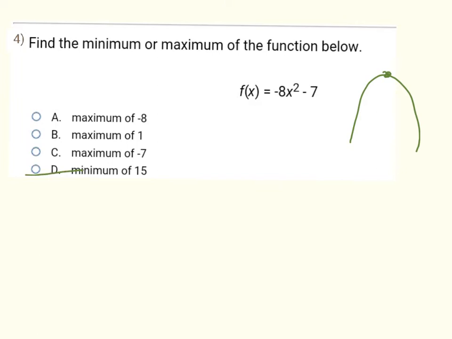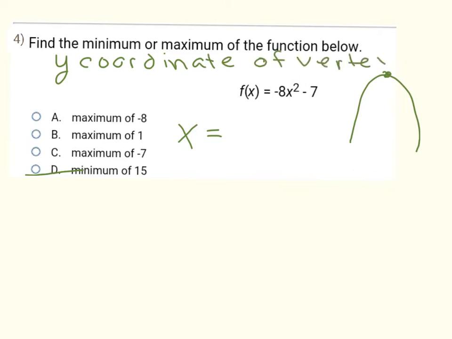So now I'm going to look at what is my minimum or maximum number. And what it's looking for is the y coordinate of the vertex. That's what this question is asking for when you're asked to find the min or the max.